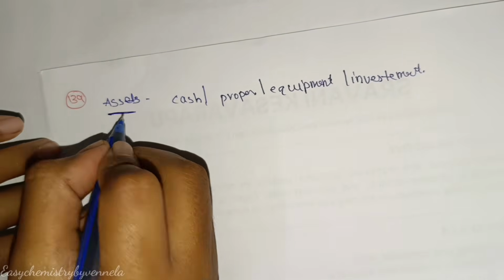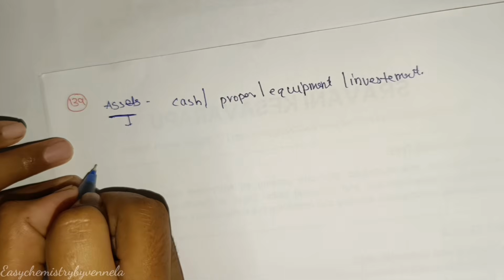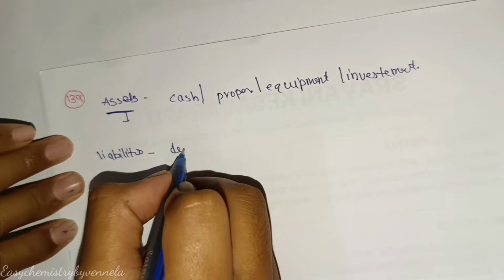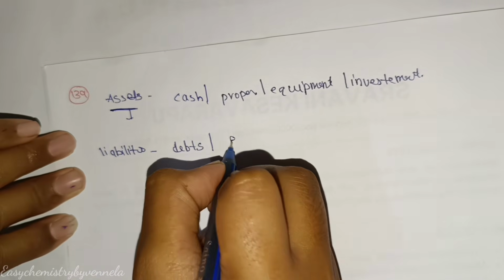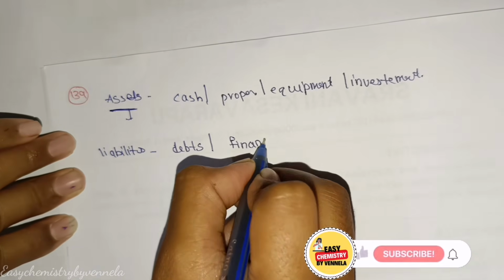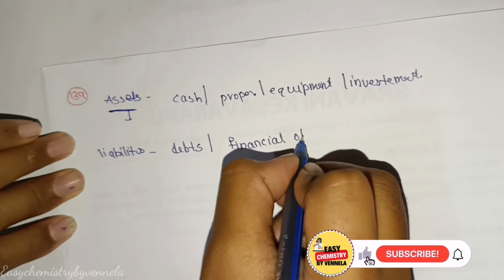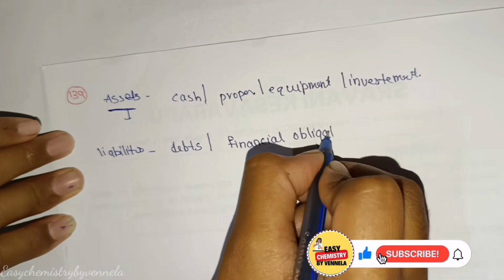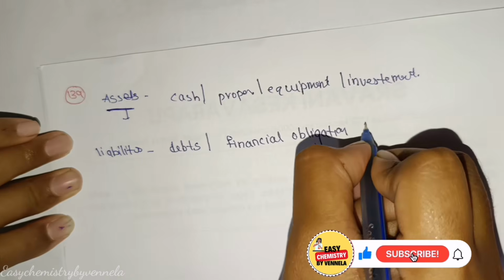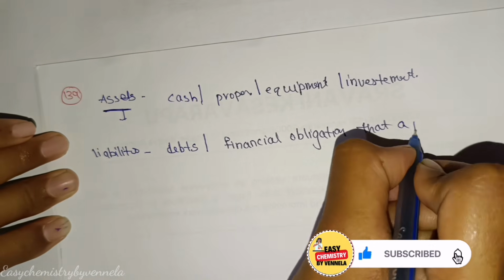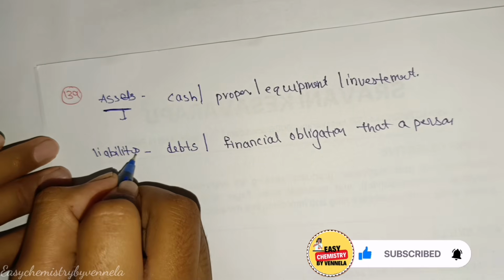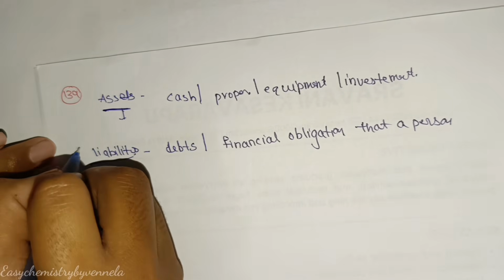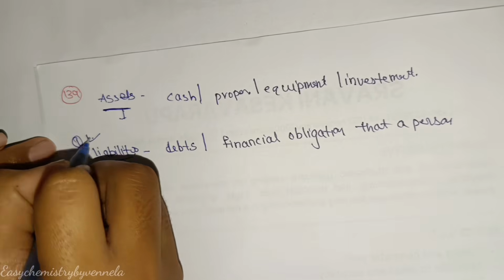You have to find the opposite meaning to assets. That is liabilities. It means debt or financial obligation of a person. So this is the exact opposite meaning to assets. So the correct option is the first one.